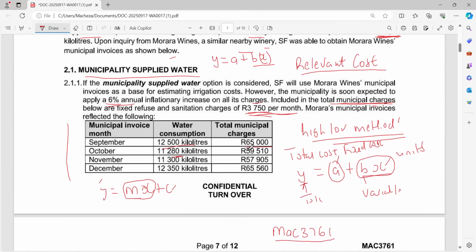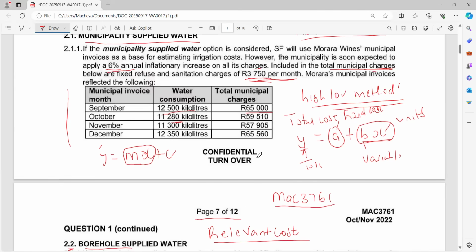You are going to apply the high-low method together with relevant cost. But I think most of it is relevant cost. Yeah, relevant cost, because it's decision making. But most of the things here is high-low method. So anything can come. Remember in the exam, they test you from second year MAC.